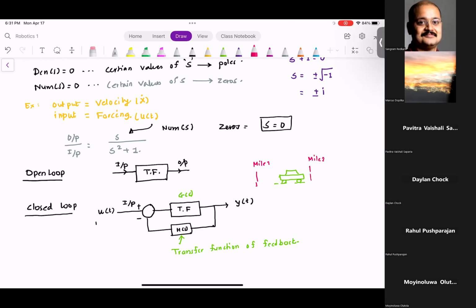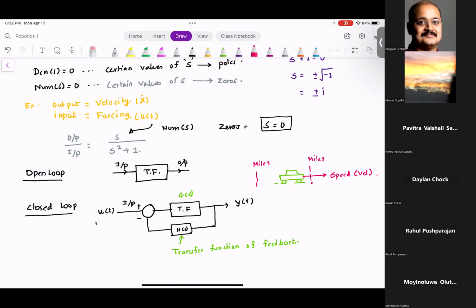Once you cross mile 1 and mile 2, you know that you traveled 1 mile. But if you don't have a GPS or some other independent measurement, these mile markers may not be known, so the displacement may not be known. But what you can know is the speed or velocity of the car. So you have the feedback not directly on the displacement, but on the velocity.